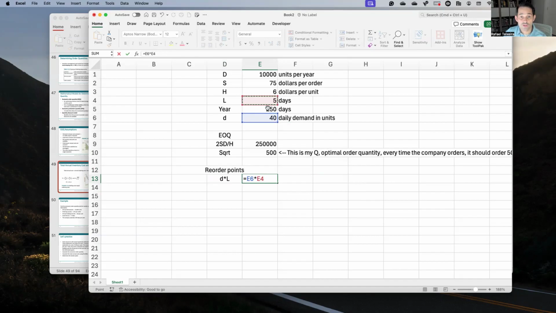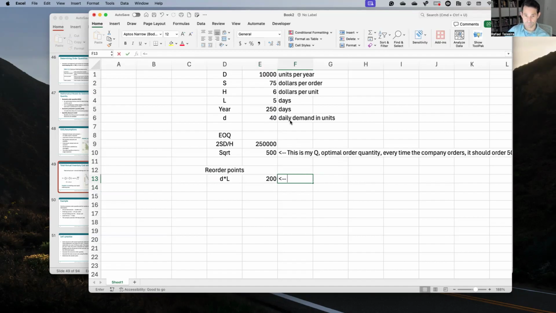These two variables have to be in the same units. So if this is in days, this should be in days. If this is in weeks, this should be in weeks. If this is months, this should be months. Okay, so that's 200 units.